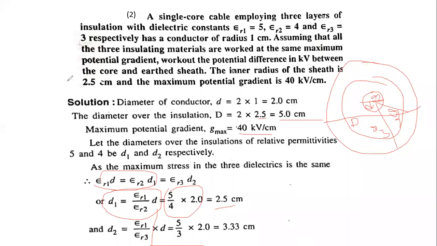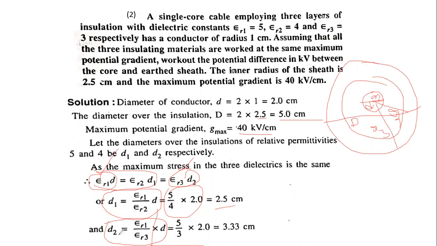Similarly, we are comparing these two equations, epsilon R1 D and epsilon R3 D2. By comparing these two equations, we obtain D2.